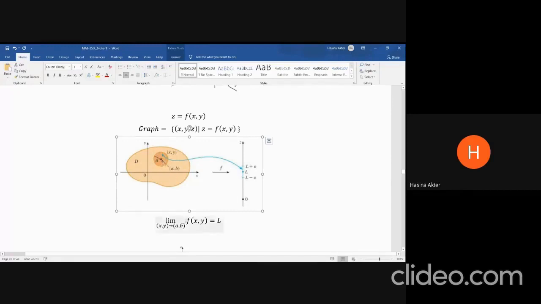And we will say that the limit of the function f, which is a function of two variables x, y, as (x, y) approaches a point (a, b), which is the center of the disk, is L if and only if for any point inside this tiny disk, the value of the output will remain inside some epsilon interval. Epsilon interval means that the length of the interval is very small.